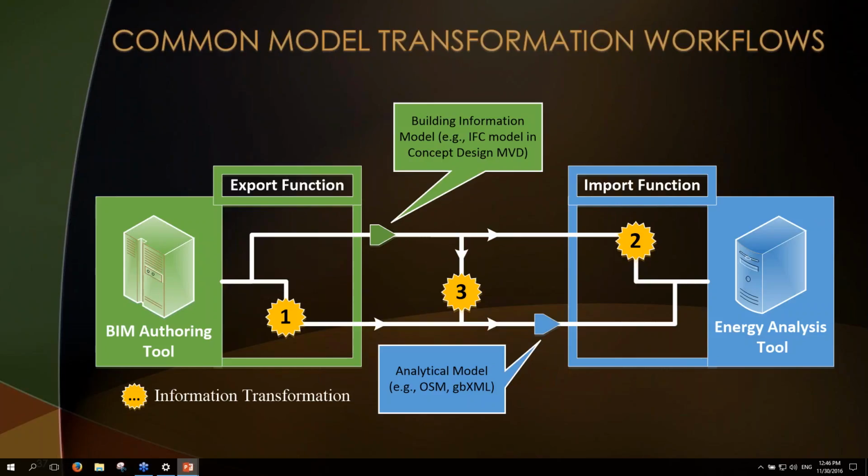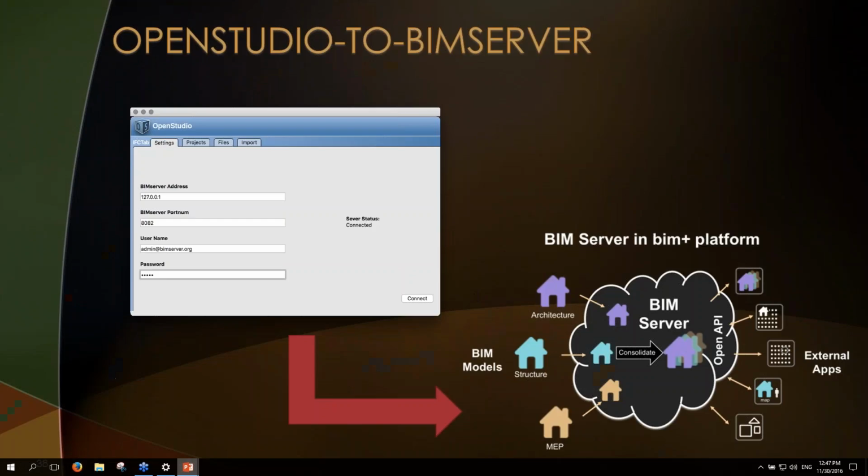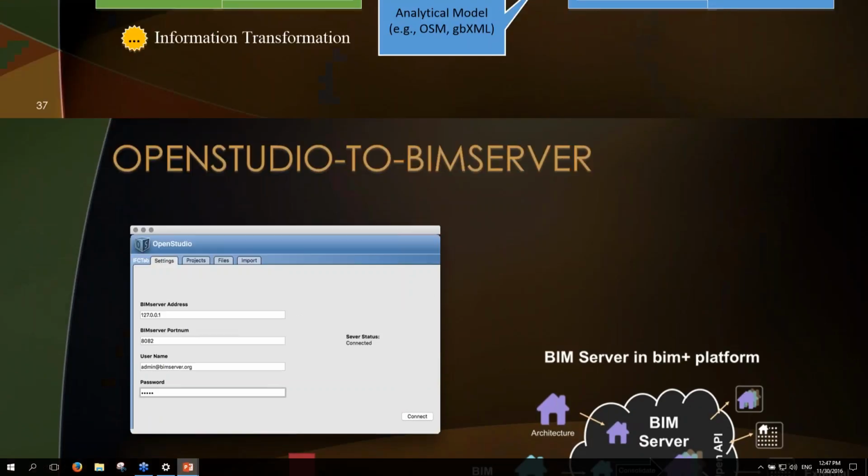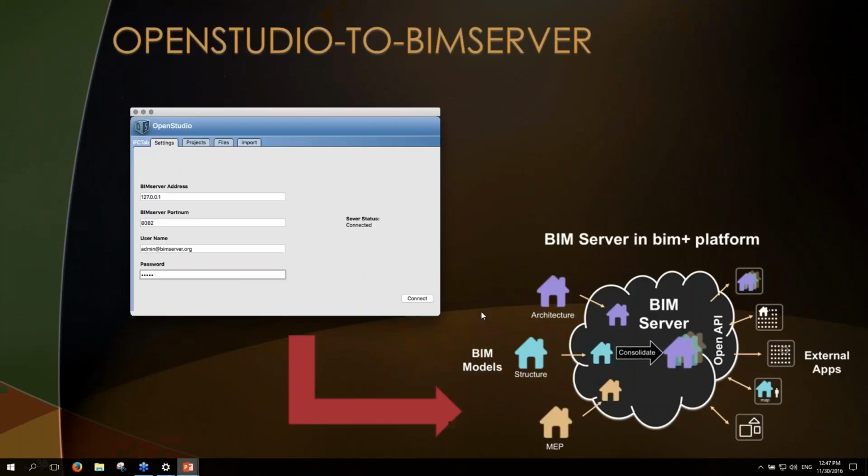And this is almost the approach we took in this project. We worked with BIMserver. BIMserver was a platform in the middle that we used for model transformation. We created an add-on for OpenStudio that can talk with BIMserver. So when you import a model to OpenStudio, you send it to BIMserver for interpretation of the analytical model, and then it sends it back to OpenStudio.